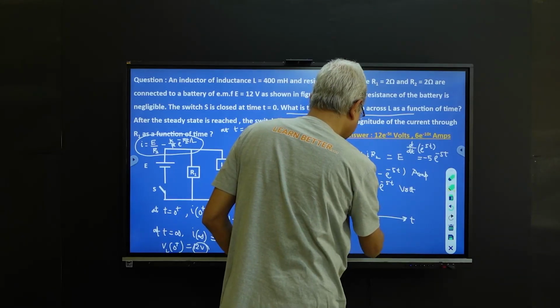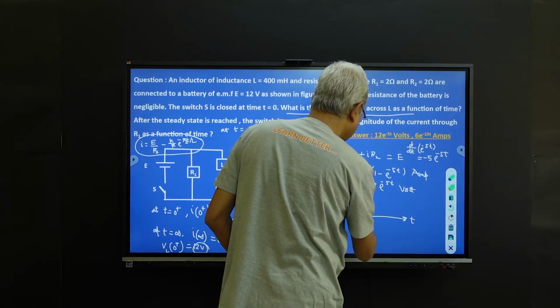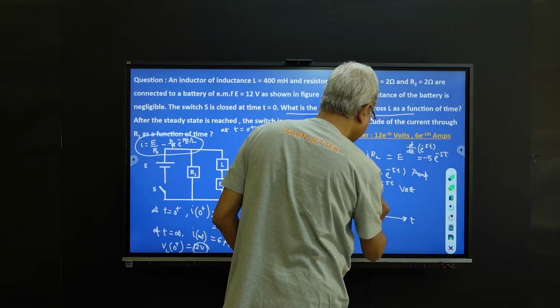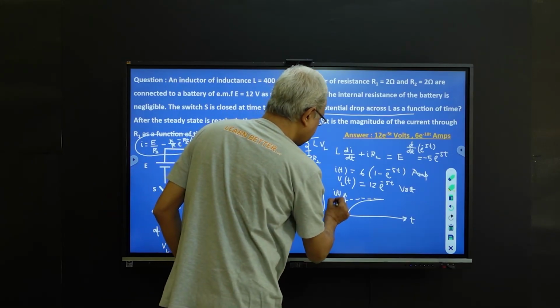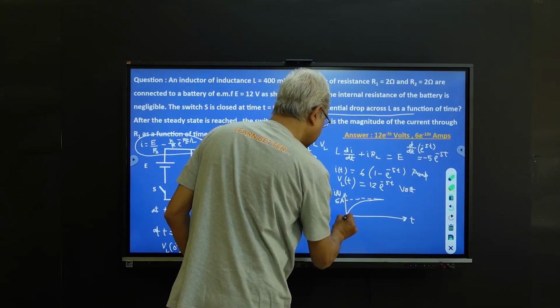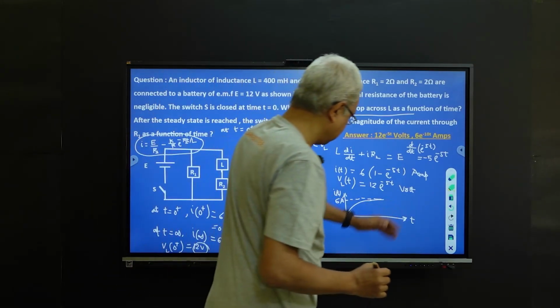So the current increases, and finally in the steady state, as time is sufficiently large, it becomes 6 ampere. This is t equal to 0, and this is the t axis.